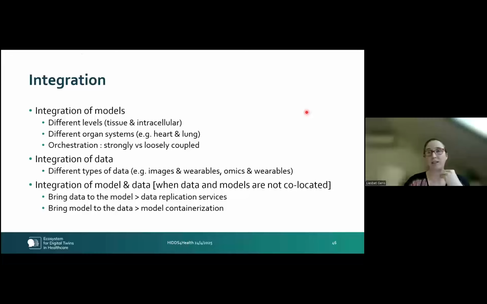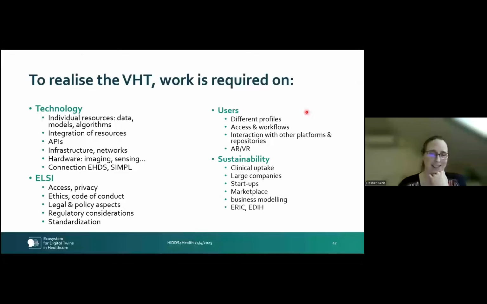And then, of course, these data sets need to be found elsewhere. They might be behind the firewall of a hospital, where rather than taking the data out of the hospital, we should find a way to bring the model in a containerized form to the data. So there are all these aspects that sit behind the one word integration in this slide.